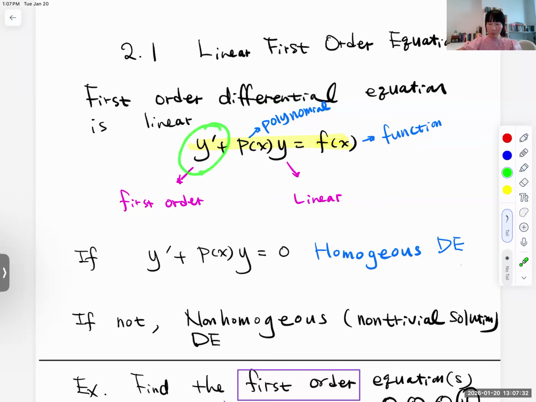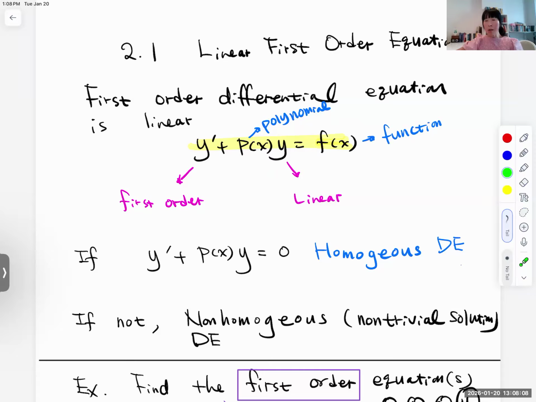So y prime makes it first order, and we have a polynomial, and then y itself is in linear form. And f of x can be a function of the variable x. We cannot have y there because y is already there, linear. Or we can use any variable t, then it should be p of t here too.